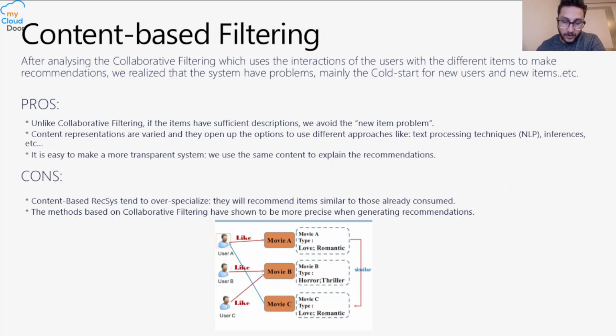We can take the variables we need, and each item has different variables, and each company uses different descriptions, so we have varied approaches to choose from. It's very flexible, so it is easy to make a more transparent system.